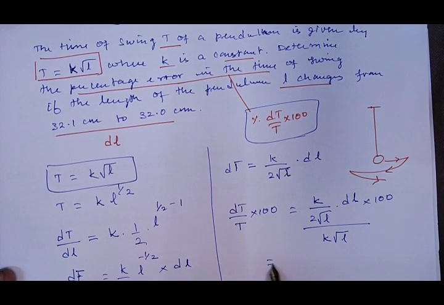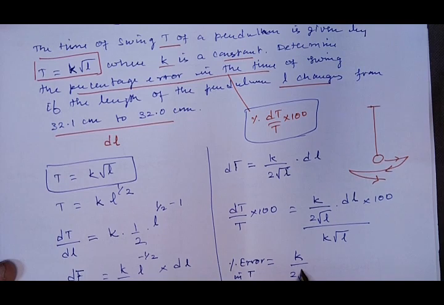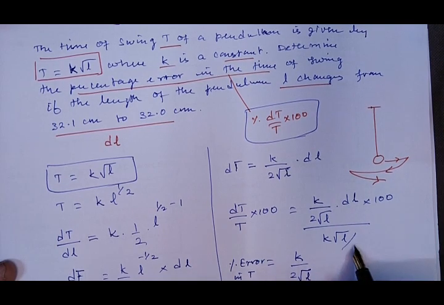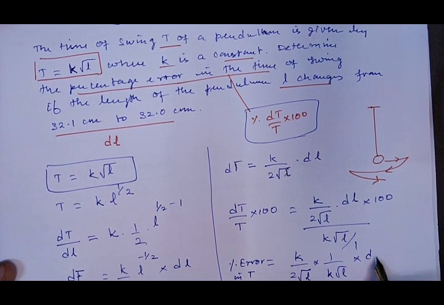So therefore the percentage error in t is equal to k divided by 2 root L, divided by k root L, into dl into 100.